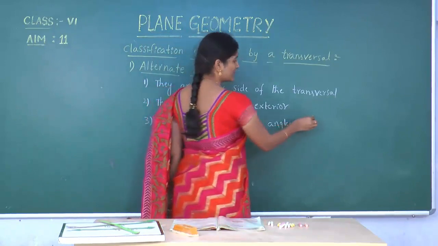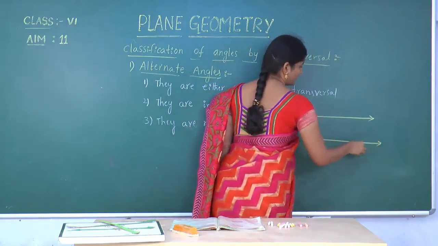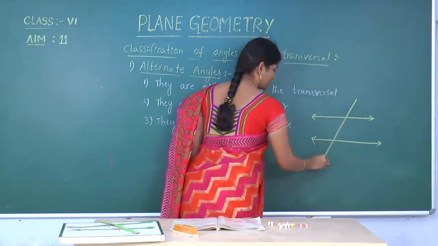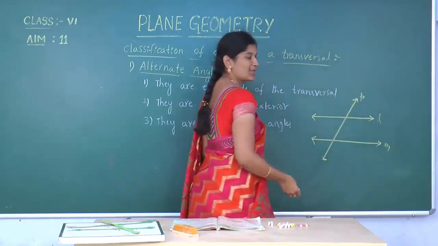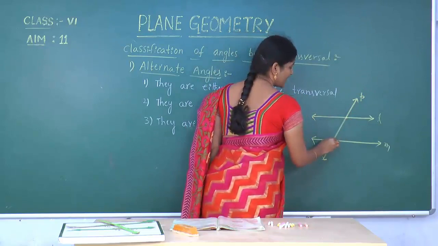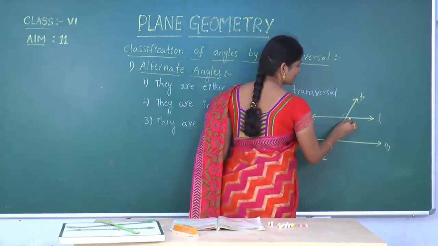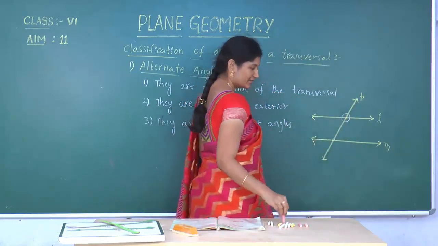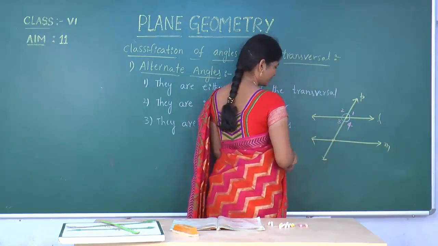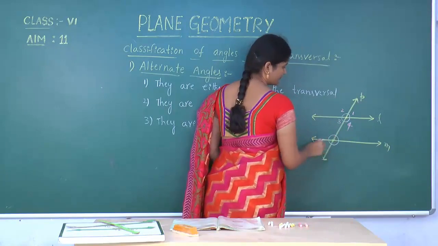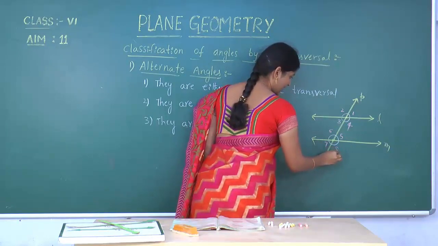Let me show you in the figure. Here are the lines which are L and M, and here P is the transversal which intersects the given two lines at two different points. Let me write the angles here: 1, 2, 3 and 4, and this is 5, 6, 7 and 8.